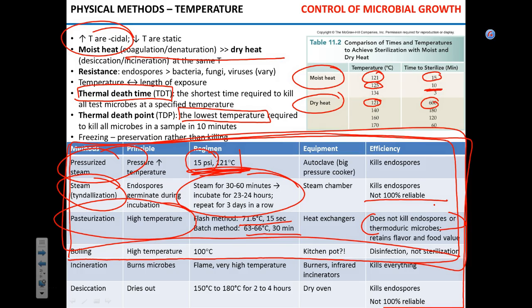Okay. Now, incineration and desiccation. Incineration is definitely sterilizing. You burn something, everything's dead. There's no chance something can survive incineration. The devices are burners, and you have these fancy things. This is called an infrared incinerator.